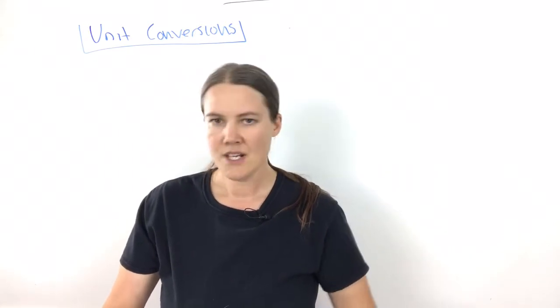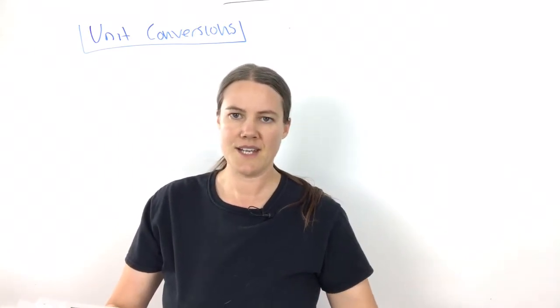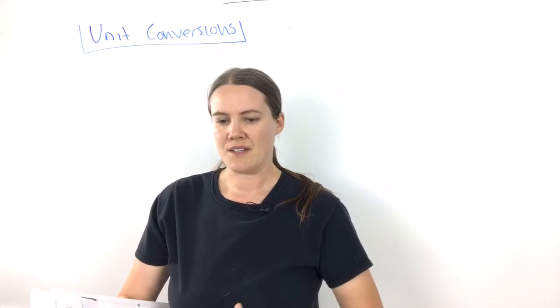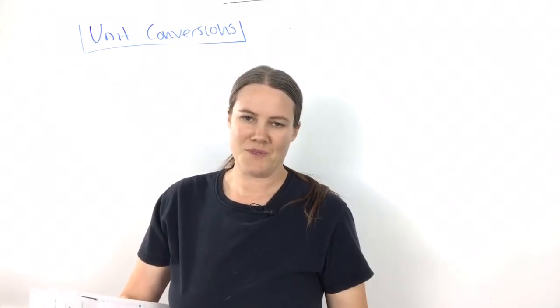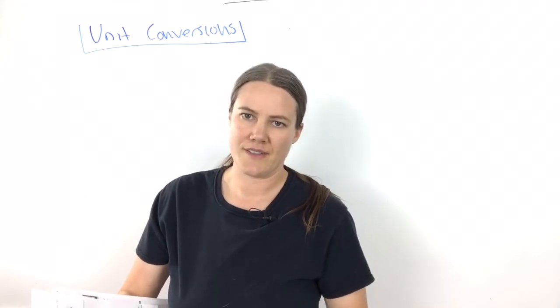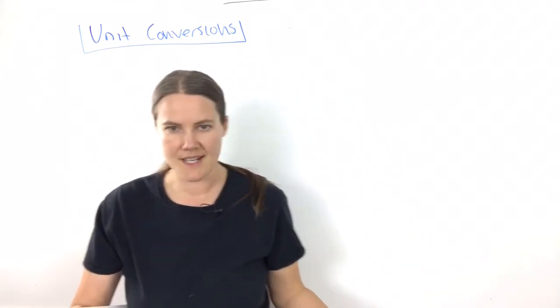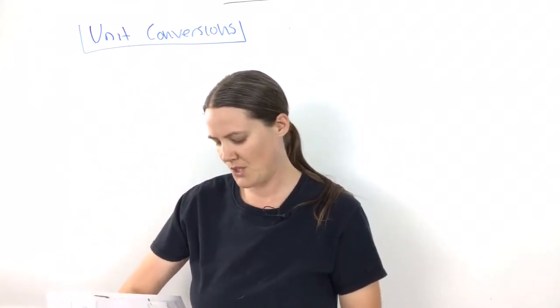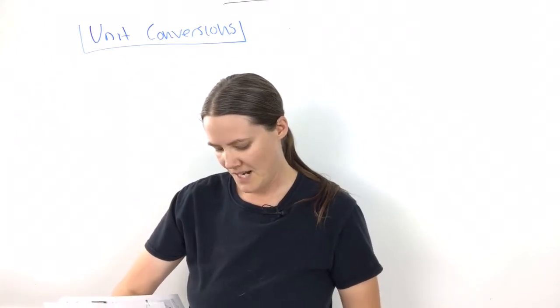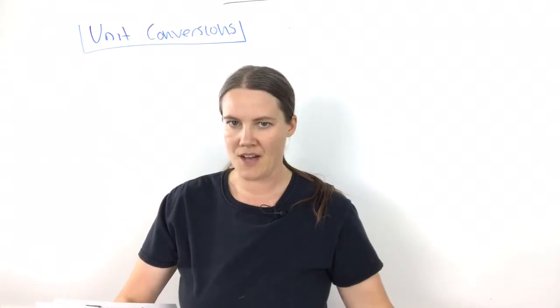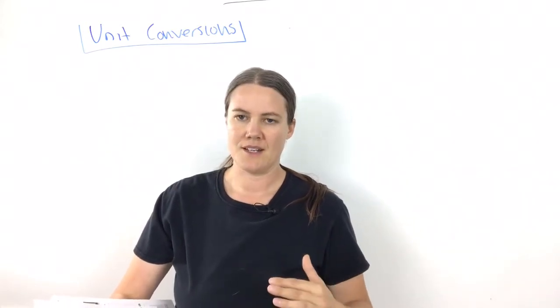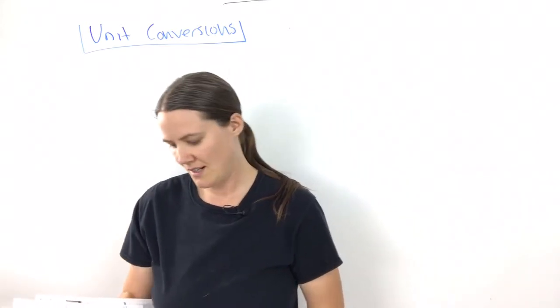Ones that we use a lot, like kilo, meter to kilo, you probably know that conversion is 10 to the third or 1,000, just because we see kilo used pretty frequently. But some of these you might not know. So it's important to know how to look them up in the book, how to look them up online, and find the information that you need.